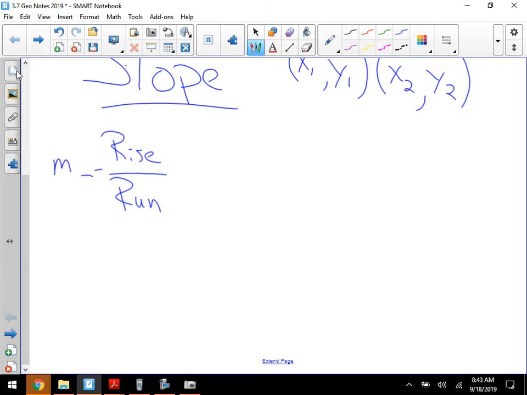So what we say is change in Y over the change in X. I know we talked about the triangle represents change, the Greek letter delta. Usually, I heard about that last year. This goes back to staring at the poster.